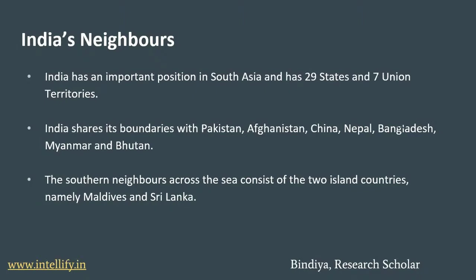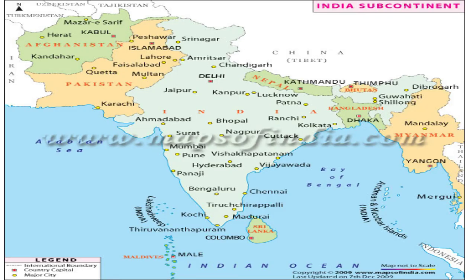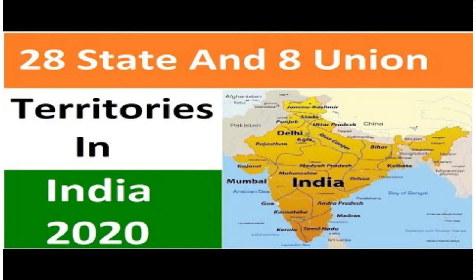Coming to India's neighbors. India occupies an important strategic position in South Asia. India has 28 states and 8 union territories at present. The erstwhile state of Jammu and Kashmir has been bifurcated into the union territories of Jammu and Kashmir and Ladakh.